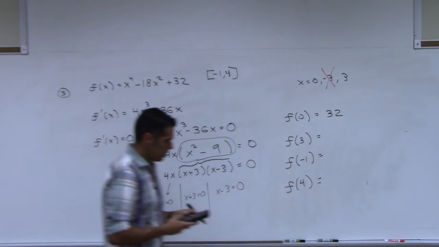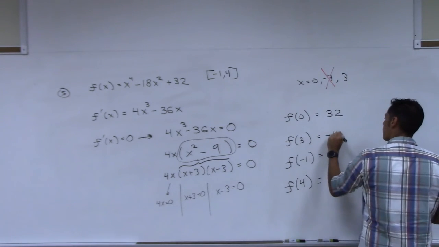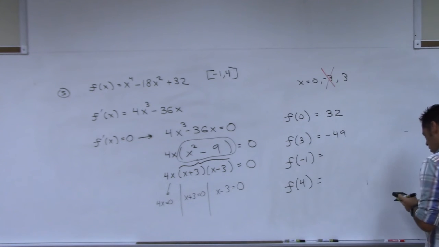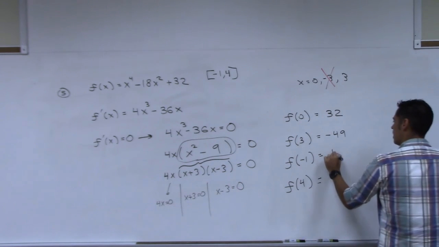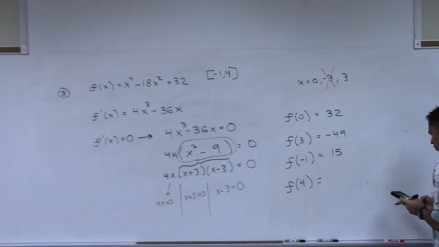Okay, when you plug in 3, you should get -49. When you plug in -1, you should get 15. And when you plug in 4, you should get 0.